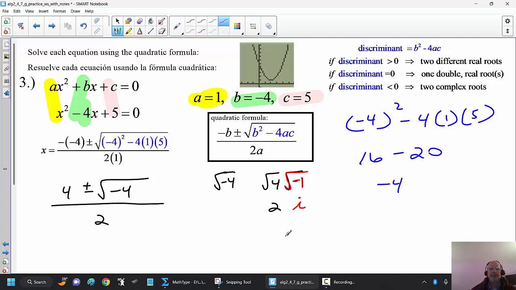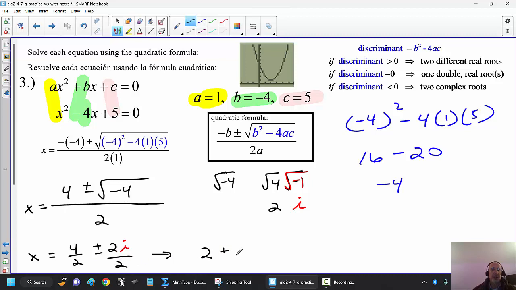And so we're going to have this situation where it's plus or minus that. So this is going to turn into, whoops, I forgot to put the x equals. So you got x equals 4 over 2, plus or minus 2i, divided by this 2 still. And so, well, that's going to be 4 divided by 2 is 2.